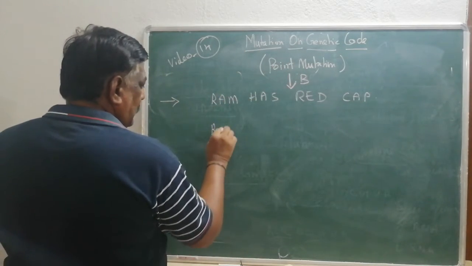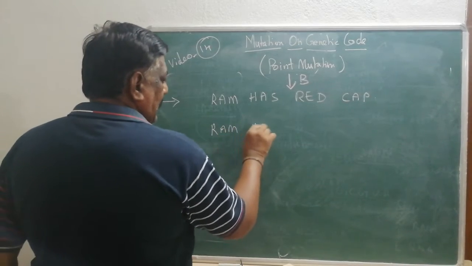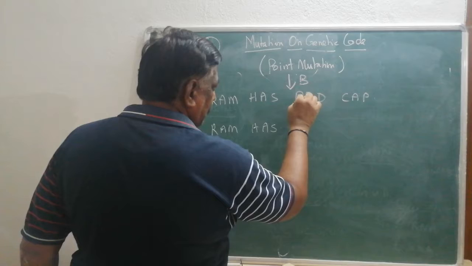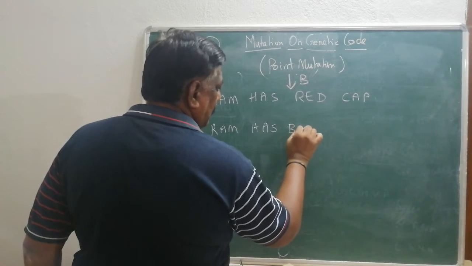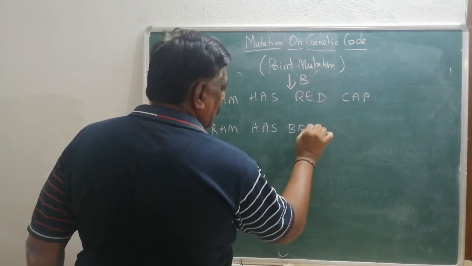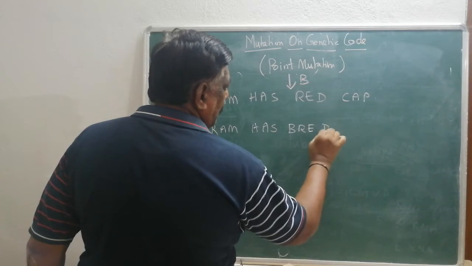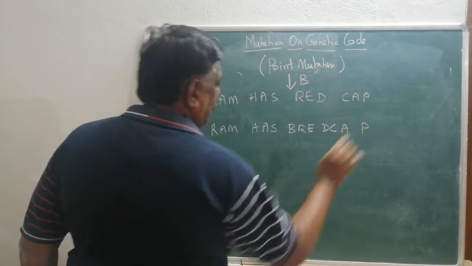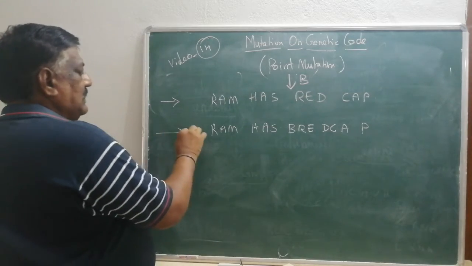Ram has, instead of R, B. B will come here, so B, R, E and D. D will go here. C, A and P will be separate. So this will become like this.